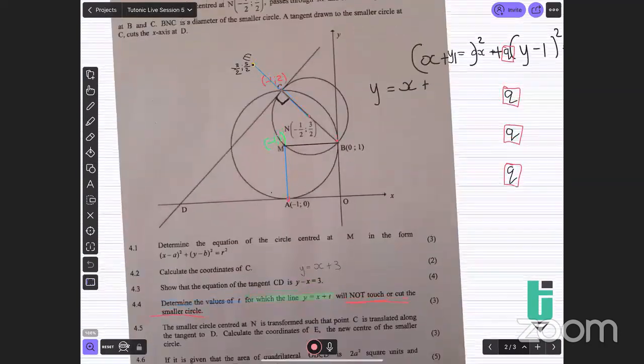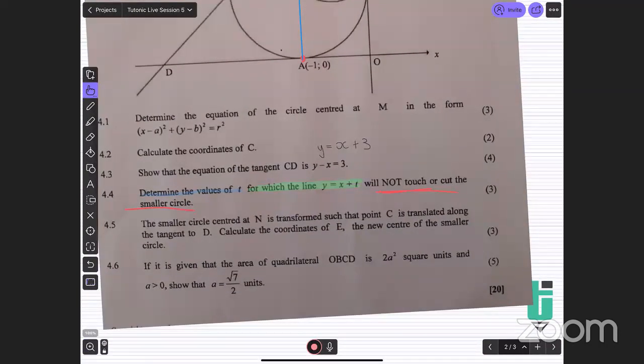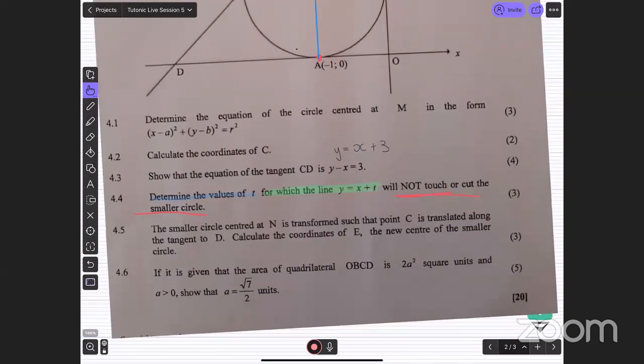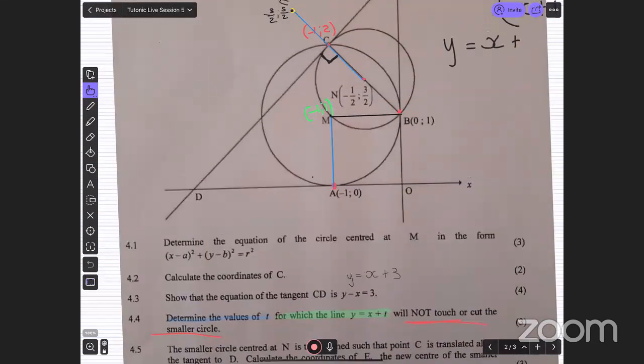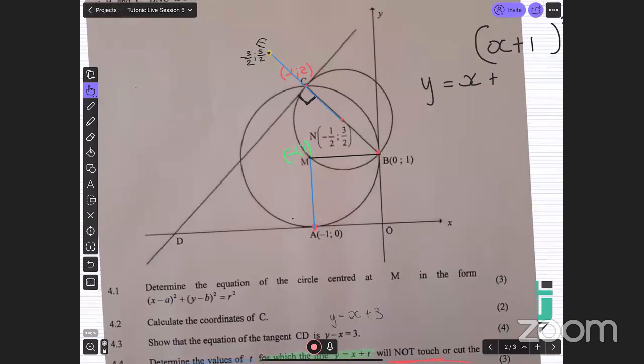Now the last question says, if it is given that the area of quadrilateral OBCD, where's OBCD? Okay, there we go. That's the quadrilateral OBCD.